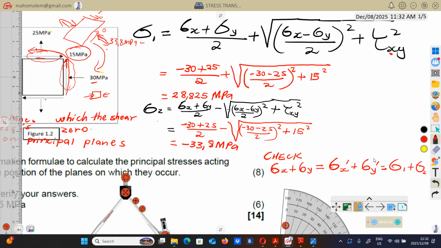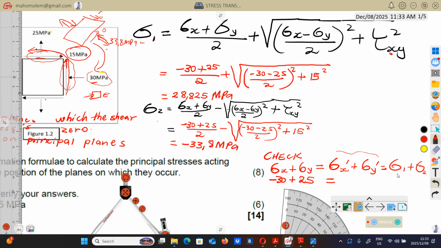So at the moment we don't have these ones, but we have this and this, so we can see if they're equal. Let's just substitute. Normal stress on the x-face before rotation is going to be this one, 30, but it's compressive, so you must put negative. On the y is 25.